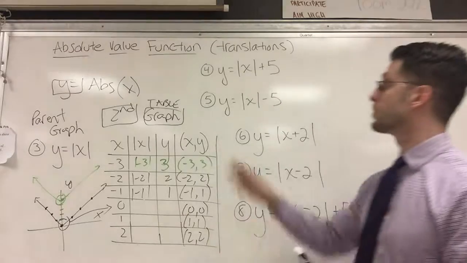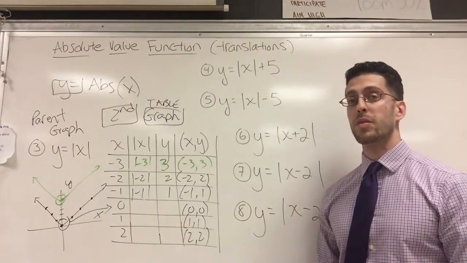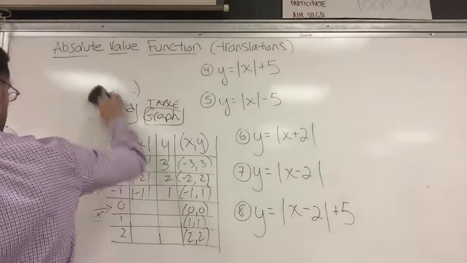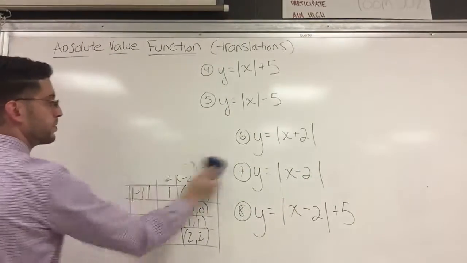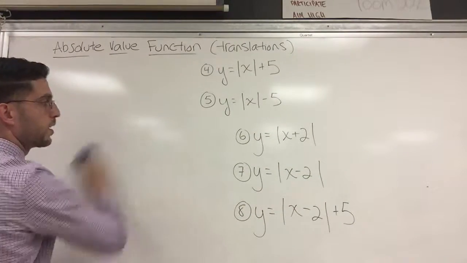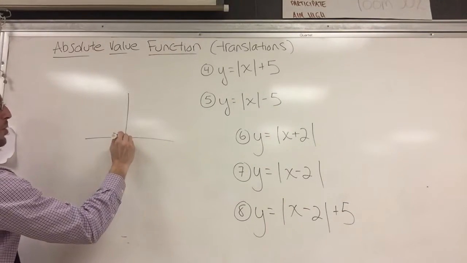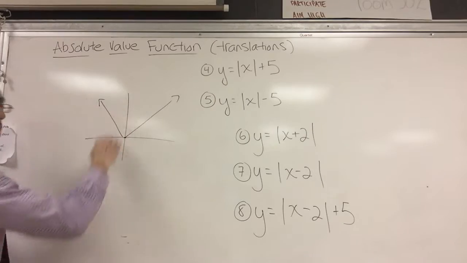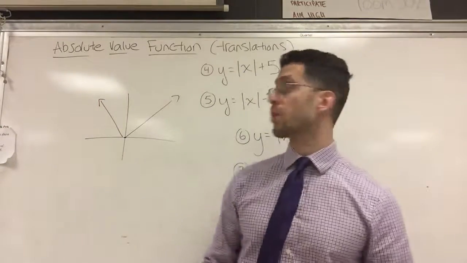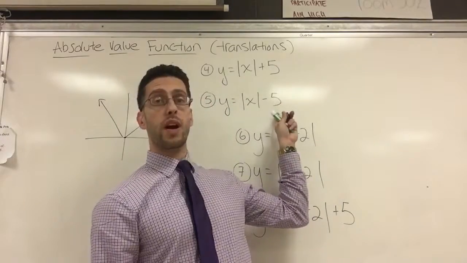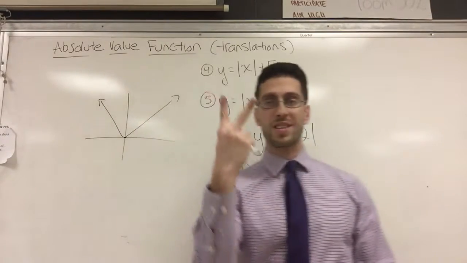Now, what do you think happens in number 5? Let's clear some space. It's going to take the parent graph, you should memorize this parent graph by now, which has a vertex at 0, 0, and it's going to subtract 5 from all of my answers, so that brings it down.